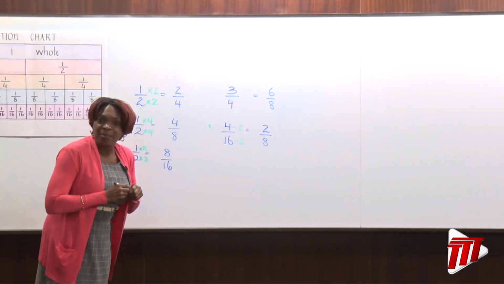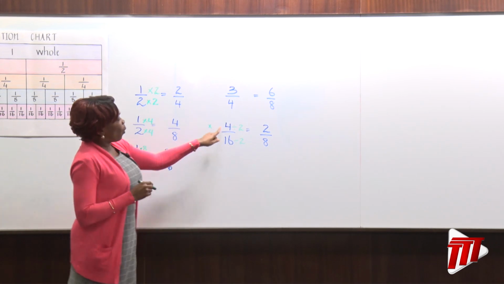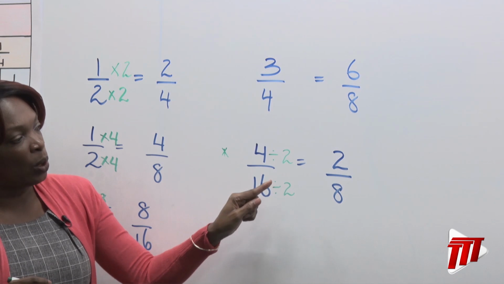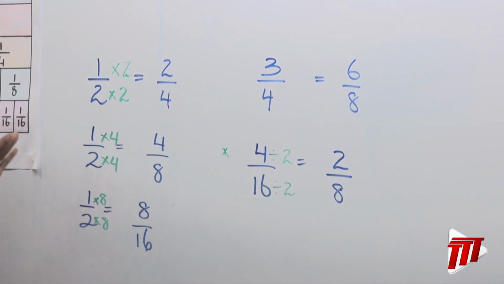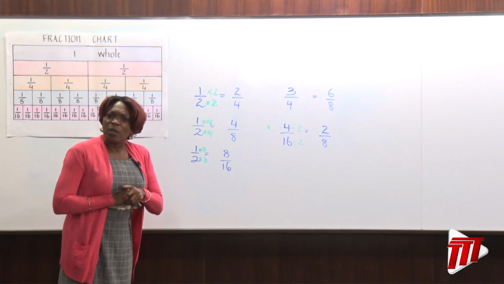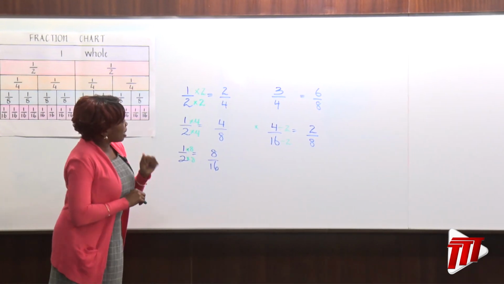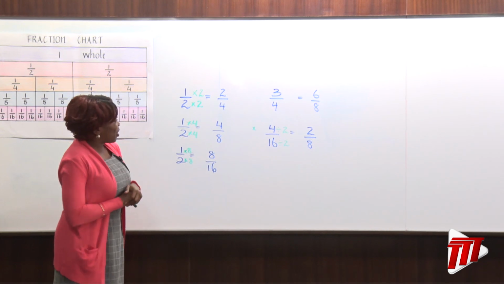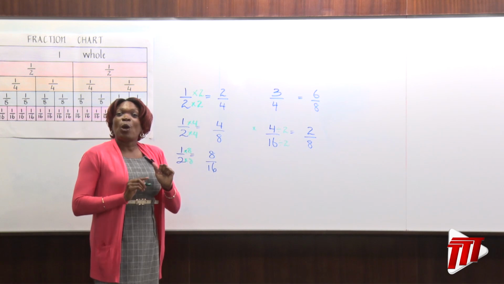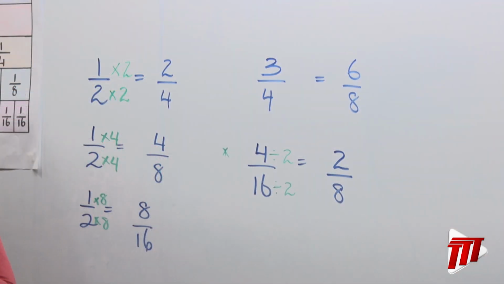Does it hold? Yes. 4 divided by 2 will give me 2, and 16 divided by 2 will give me 8. So clearly we are saying that to get equivalent fractions, we can either multiply the numerator and the denominator by the same number, or we can do the reverse. We can divide the numerator and the denominator by the same number. Aren't equivalent fractions fun?